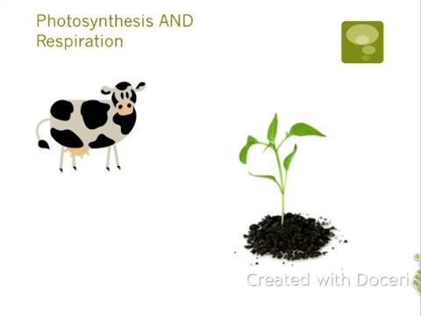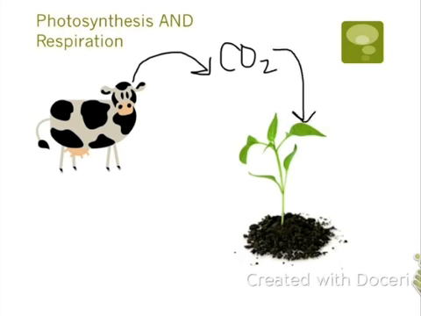Photosynthesis and respiration can be thought of as two processes that somewhat work together. Here we have our cow, which, if you remember, during cellular respiration releases carbon dioxide, which during photosynthesis is then used by the plant.